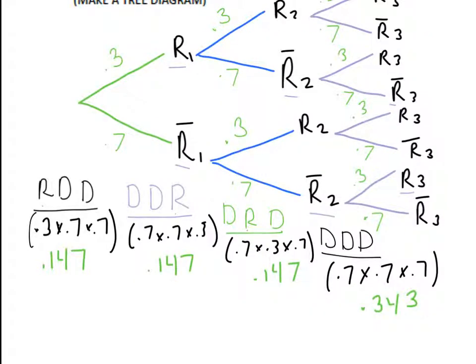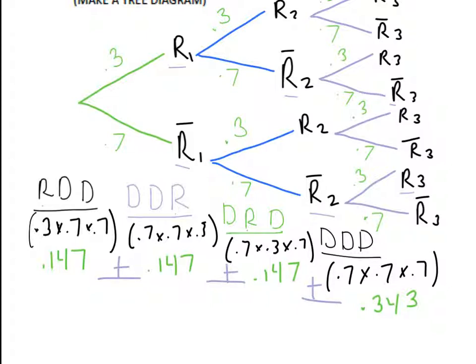And hopefully this is what you ended up with. 0.147 for the 2 dry days and the 1 rainy day, and 0.343 for the 3 dry days. Now, we have to figure out what symbol goes in between all of them. It can be rain and then dry, or it can be dry and then rainy, or, so in between all of these is an or.